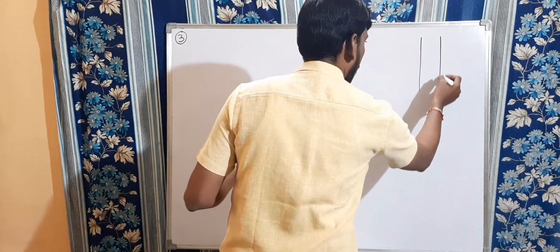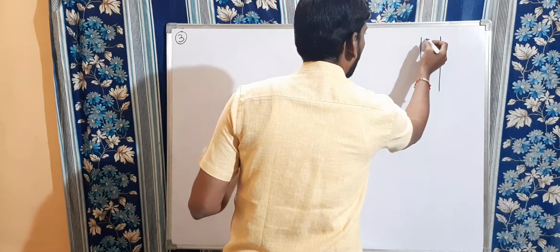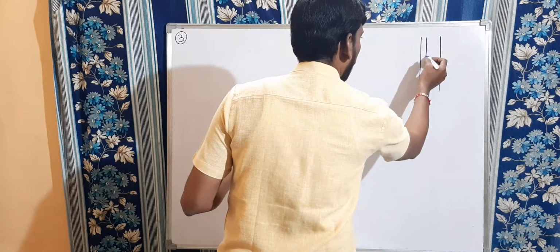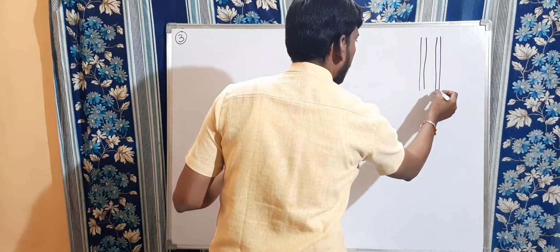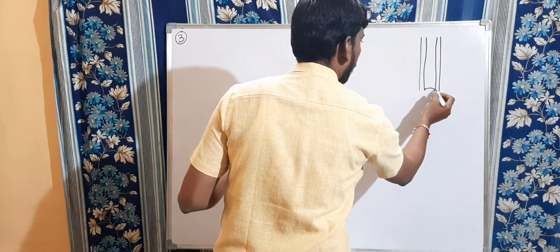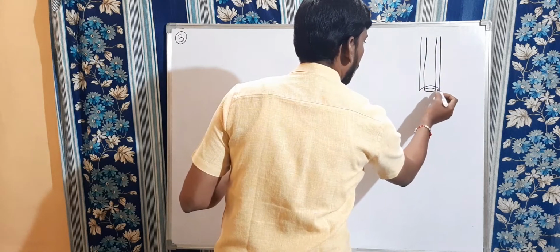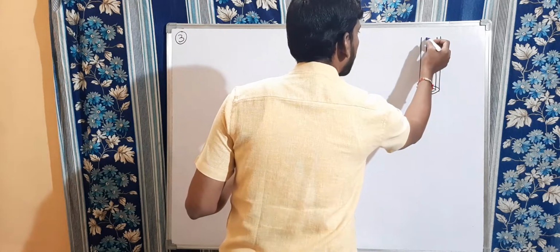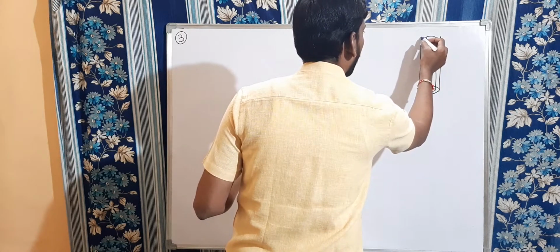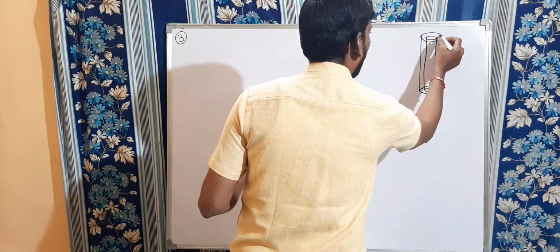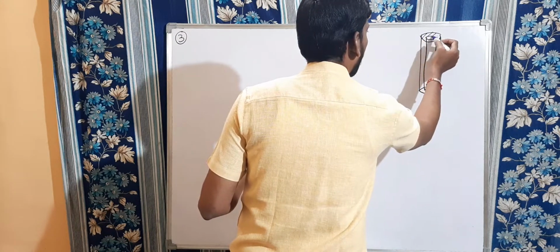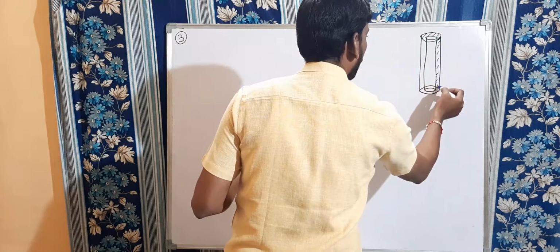Like this, the pipe will be there. Cross section is nothing but, inside there are two types. This shaded part is the cross section.